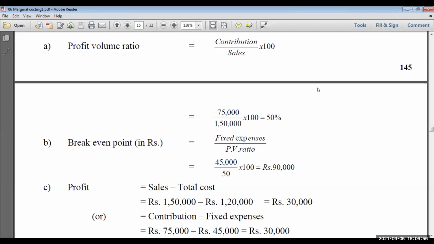Any other doubt? Has the assignment date changed on LMS? Anybody can check it and let me know. Assignment date.